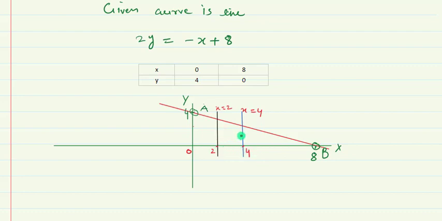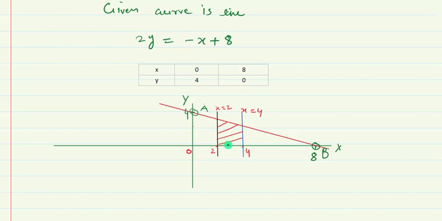So let us shade the area which we need to find out. Clearly, the area which I am shading satisfies all the conditions which are given, that is, the area bounded by the line AB, the x-axis, x = 2 and x = 4.